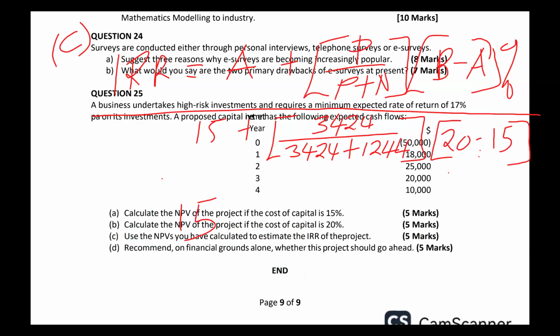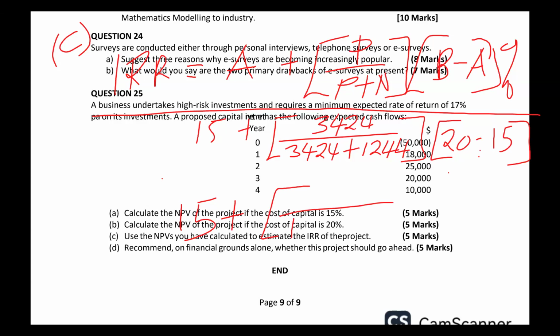What do you find in the denominator when you add 3,424 plus 1,244?